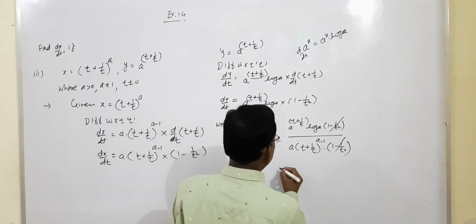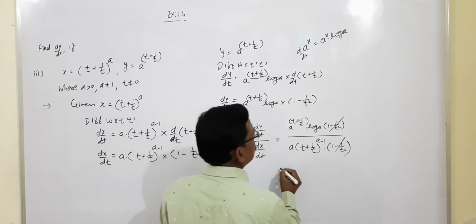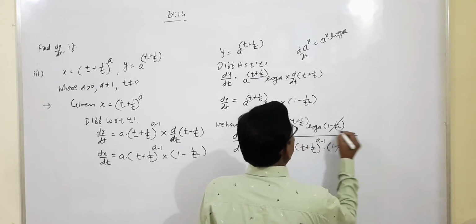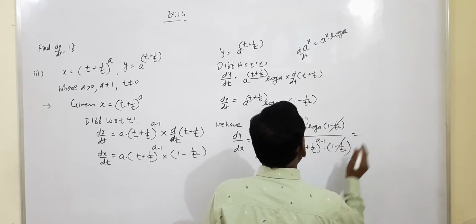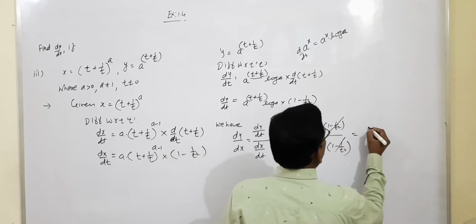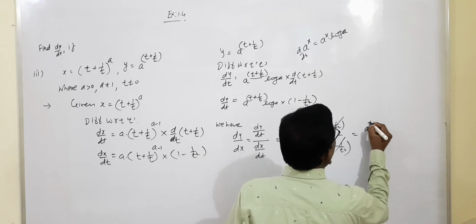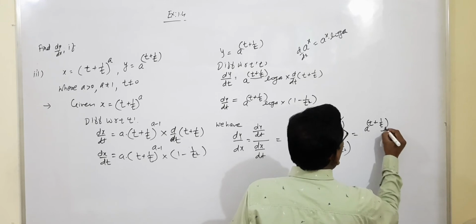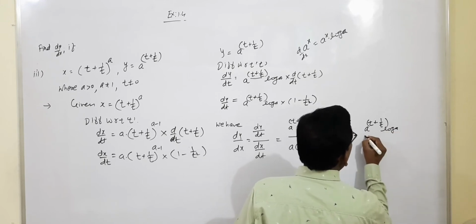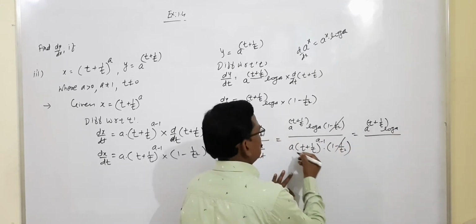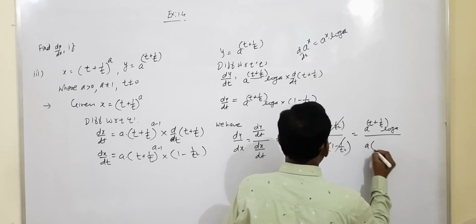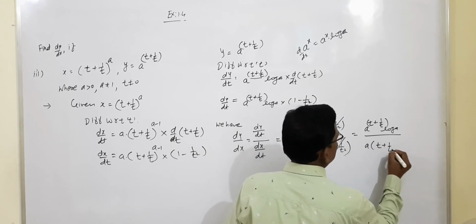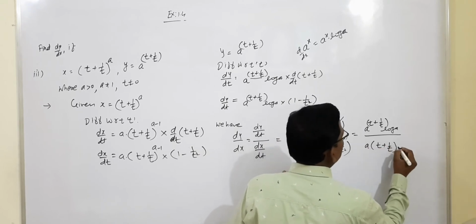Now it is only a to the power t plus 1 by t into log a divided by this a into t plus 1 by t.